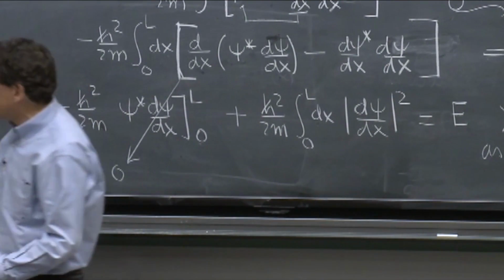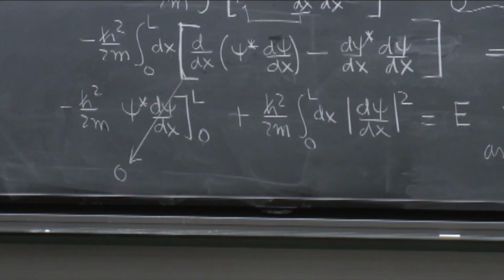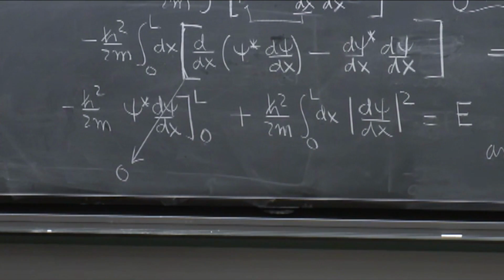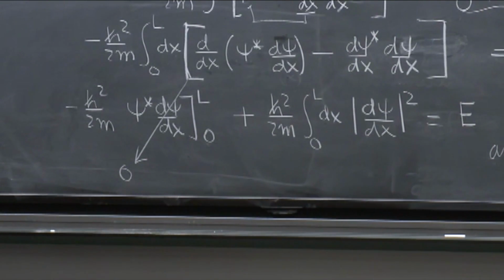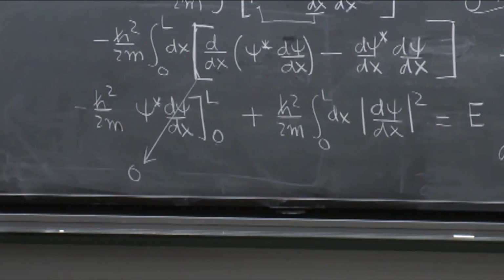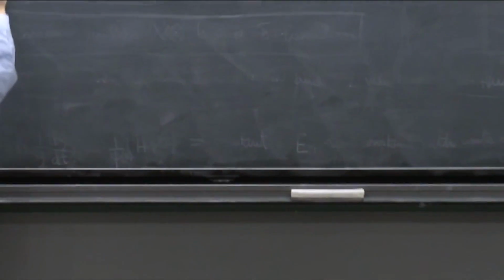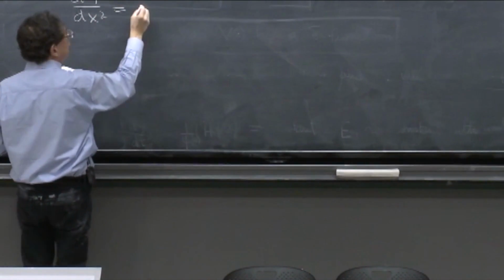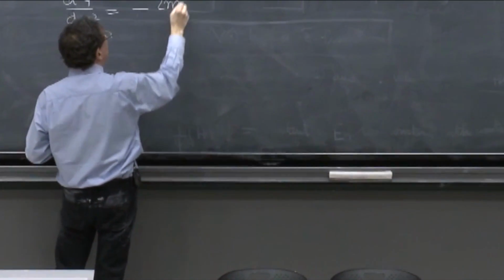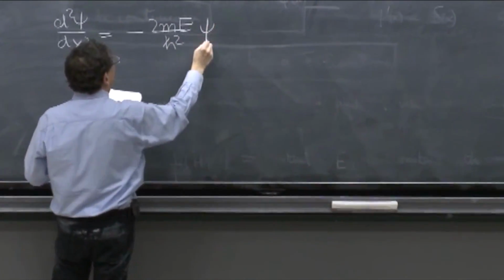So let's just write a couple of solutions and stop. We'll comment on them more next time, but let's get the solutions, because after all, that's what we're supposed to do. The differential equation is d squared psi dx squared is equal to minus 2mE over h bar squared psi.